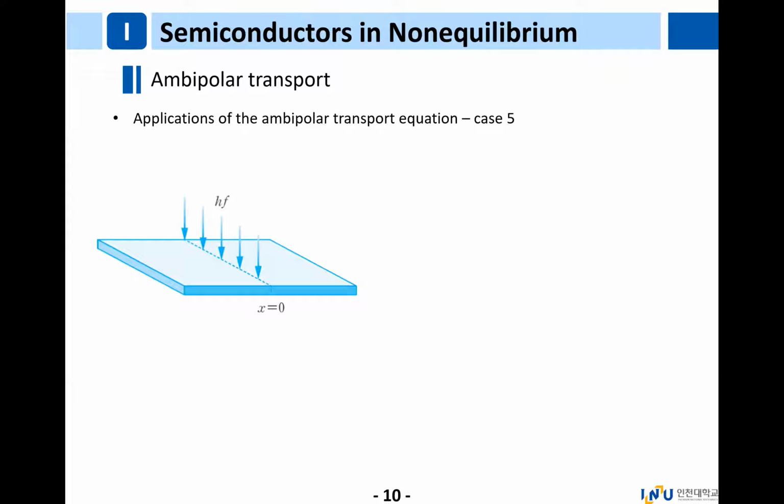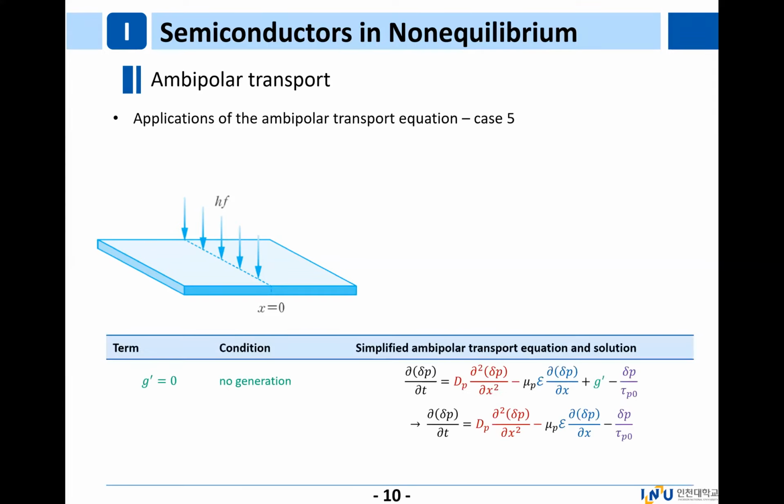In this case, as light is applied and then removed, there is no further generation of excess carriers, and the ambipolar transport equation remains with the existing terms.